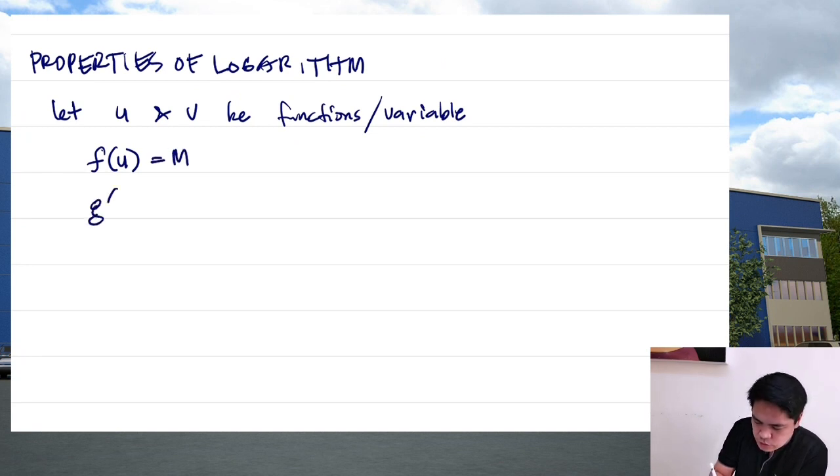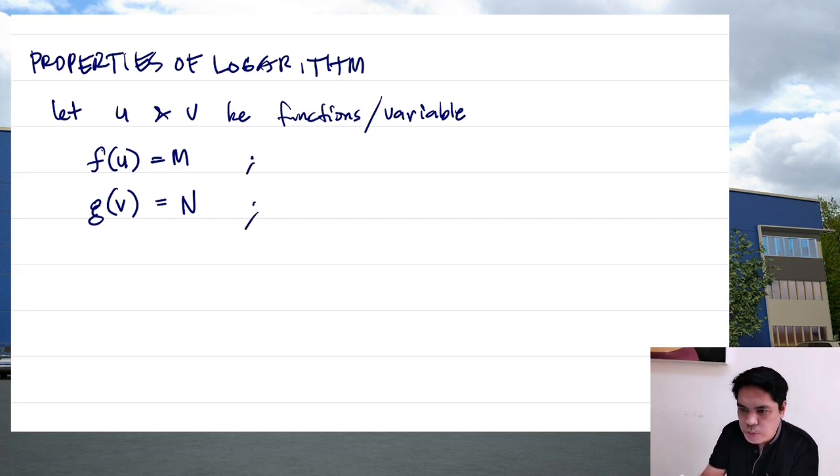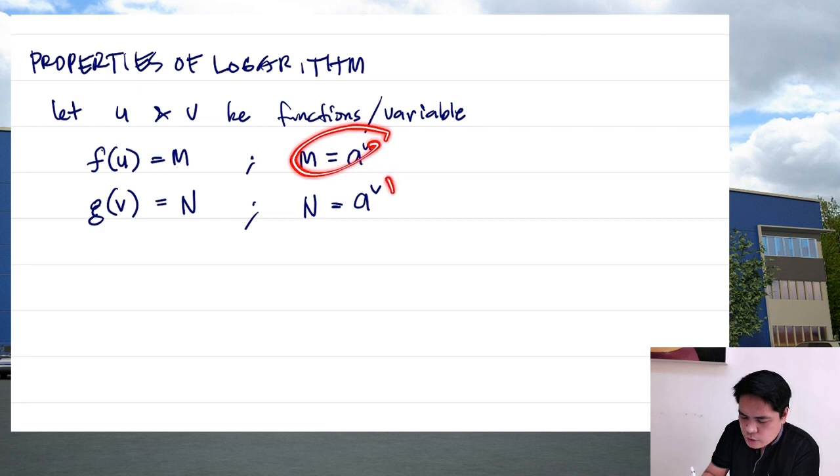And the function of this variable, v, let's call that capital letter N na lang. Okay? So I could rewrite this, using exponential functions, let's say m is equal to a, ang base natin na gamitin muna a raised to u. And how about n equal to a raised to v. So ito yung mga functions natin. Remember, u and v are variables and m and n are functions. So m is the function of u and n is the function of v.